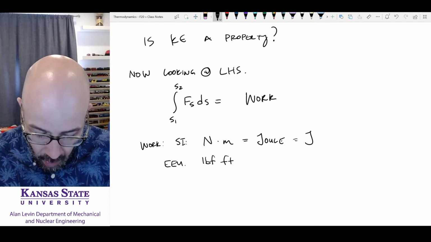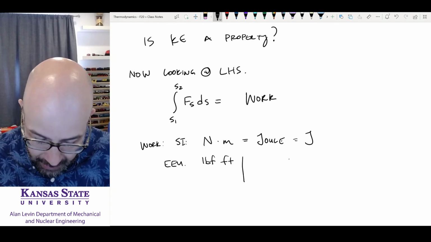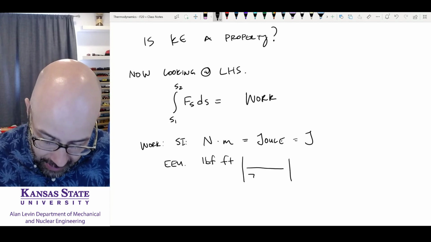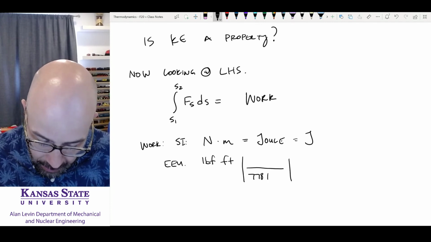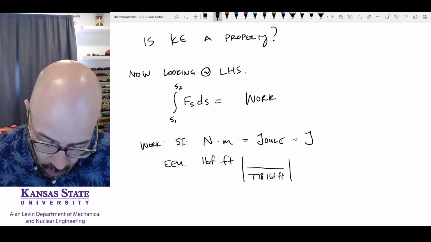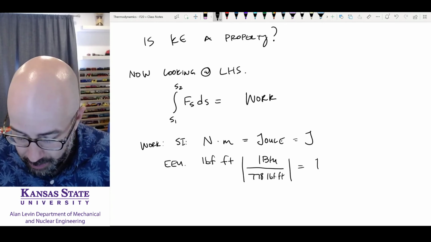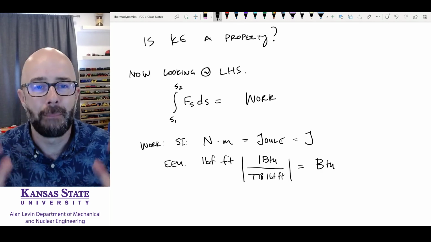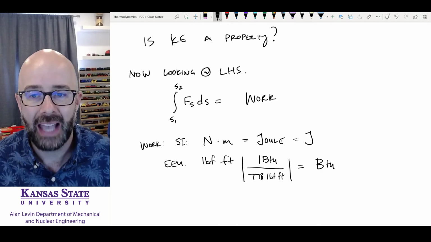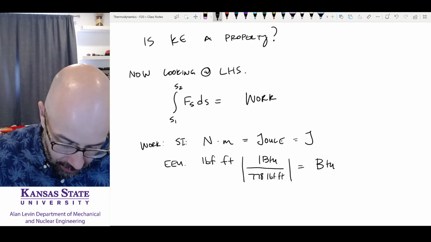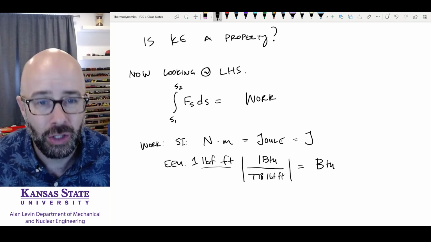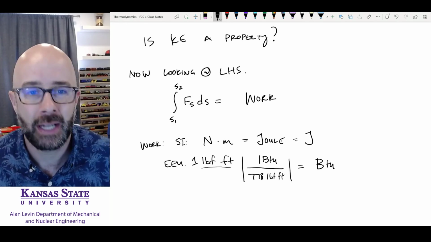We're going to say that 778 pounds force feet is in 1 BTU, and we're going to put our answers in BTUs. Complicated. You always have to convert from pounds force feet. You're going to have to do a conversion to get it to BTU every time.